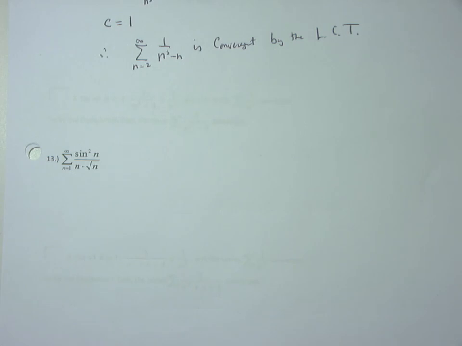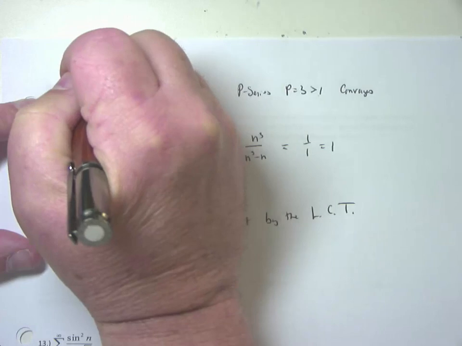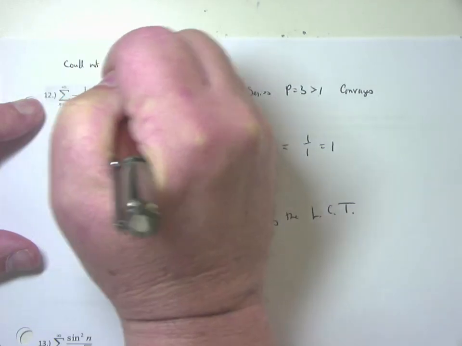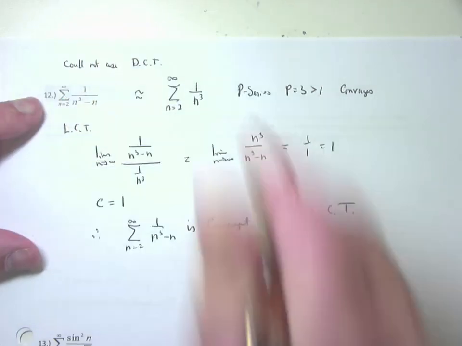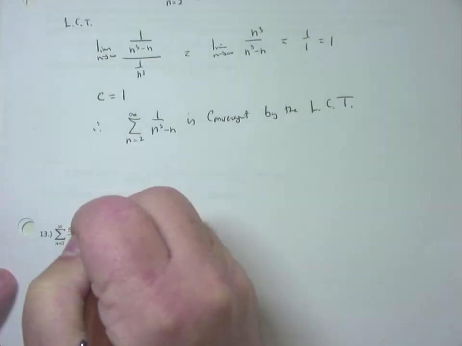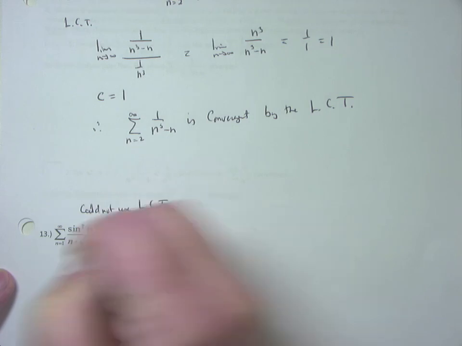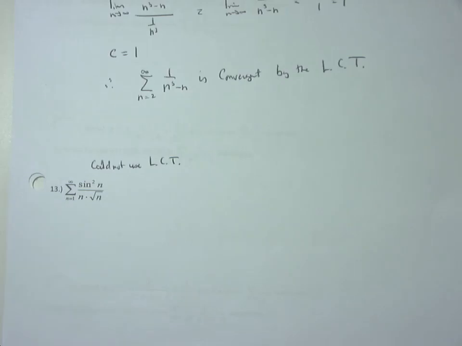Just to show you the difference, this one could not use the limit comparison test. It's the trig that's killing me.